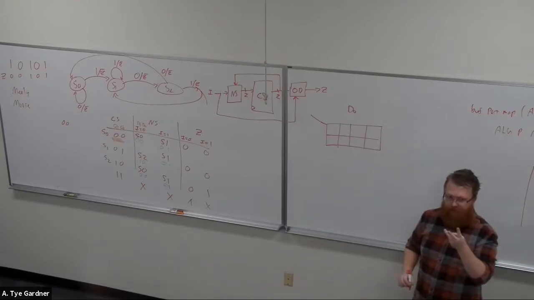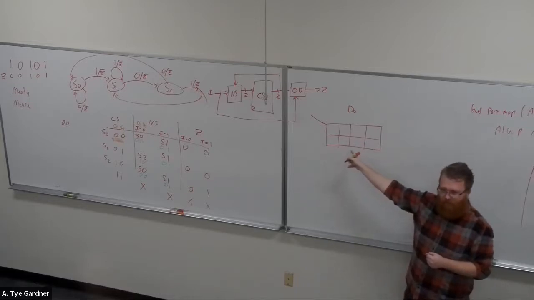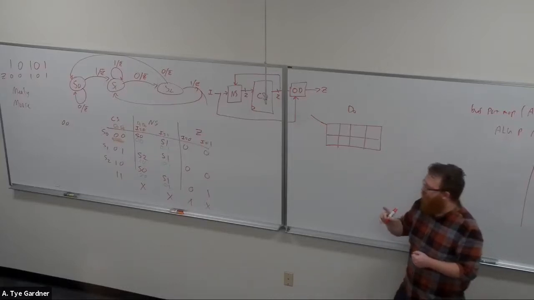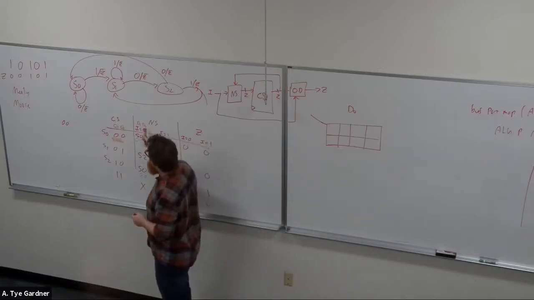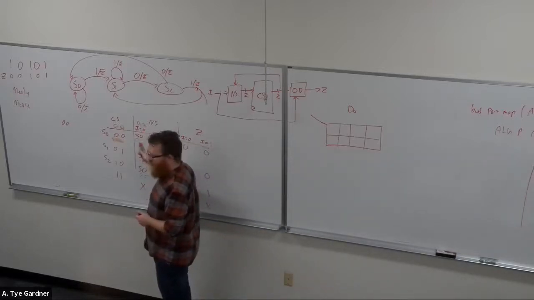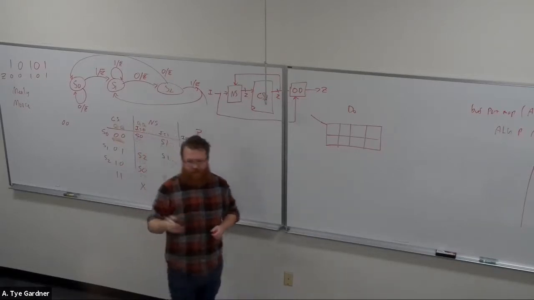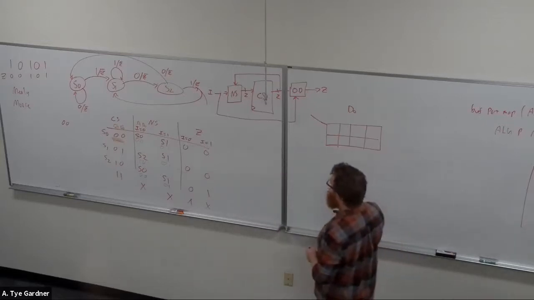Why is it 3? Right, this is a 3 variable K-map. You have 3 states, but you need 2 bits for each state, so it's going to be like you have 4 total. Almost. It's the 2 bits that you're talking about, right? 2 bits that I care about, and input. So that's what I worry about, is where am I, which are the Qs, and the input.